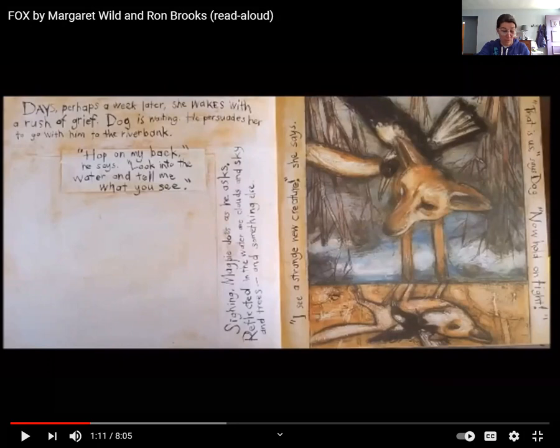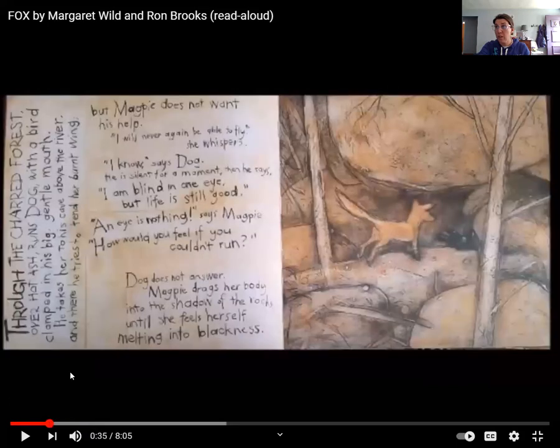He's lonely and he knows what it's like to be sad, since he's blind in one eye. And maybe that's why he's so caring, because he also has something that's wrong with his body. For example, when Magpie says that she'll never fly again on the page before, Dog says, I know. So maybe he's understanding her pain and he's empathetic to that.